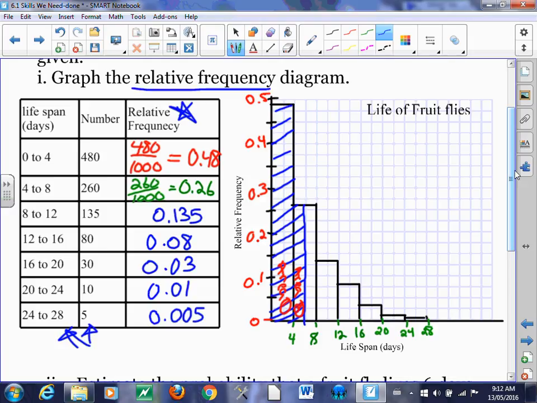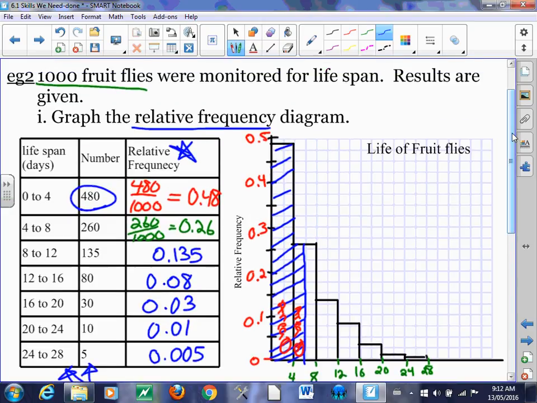For example, for 0 to 4, we had 480 out of a total of how many fruit flies? So what does that mean, folks? That 48% of the fruit flies lived 0 to 4 days. How many lived 4 to 8? 26%. Etc., etc.